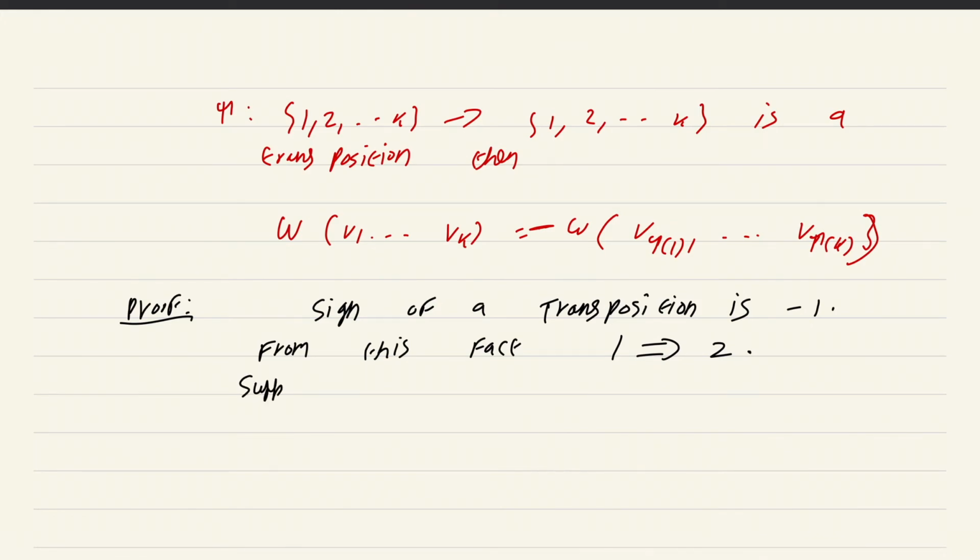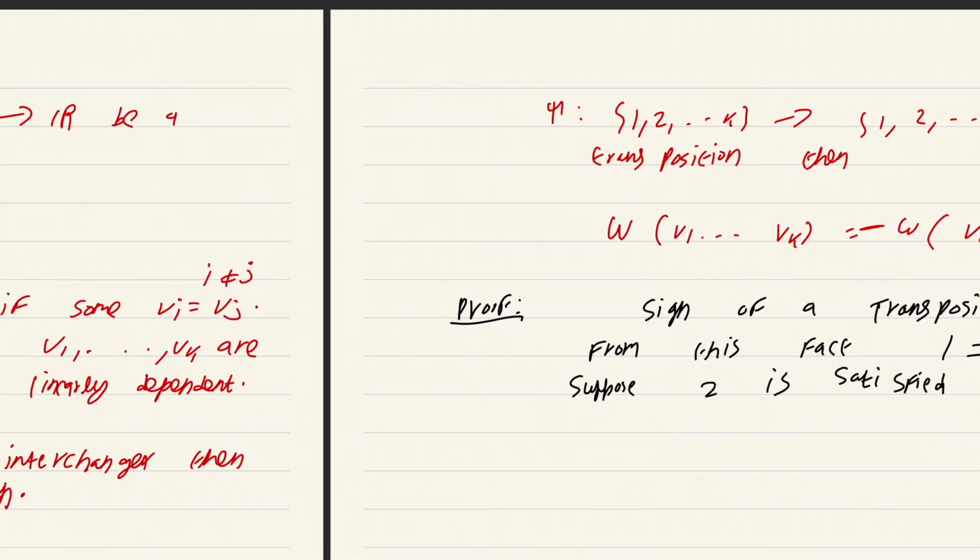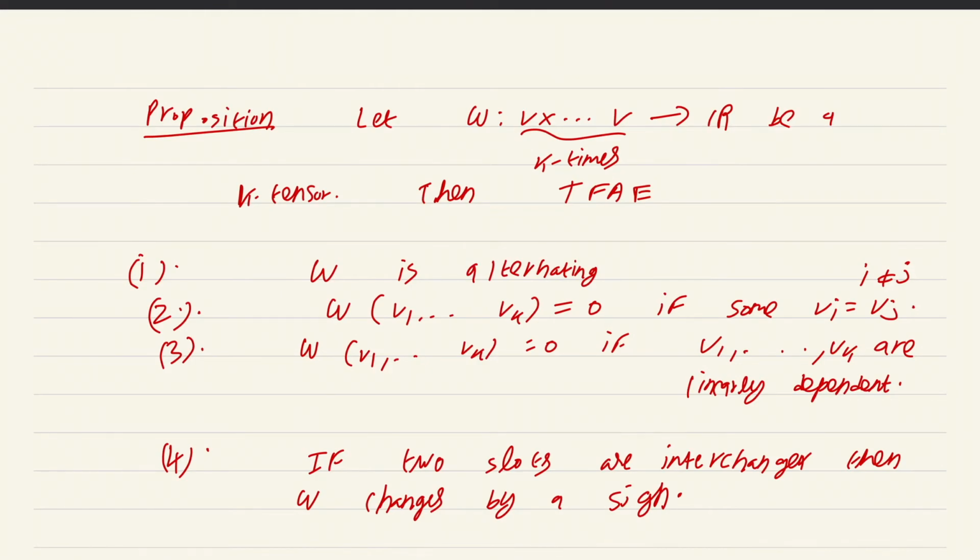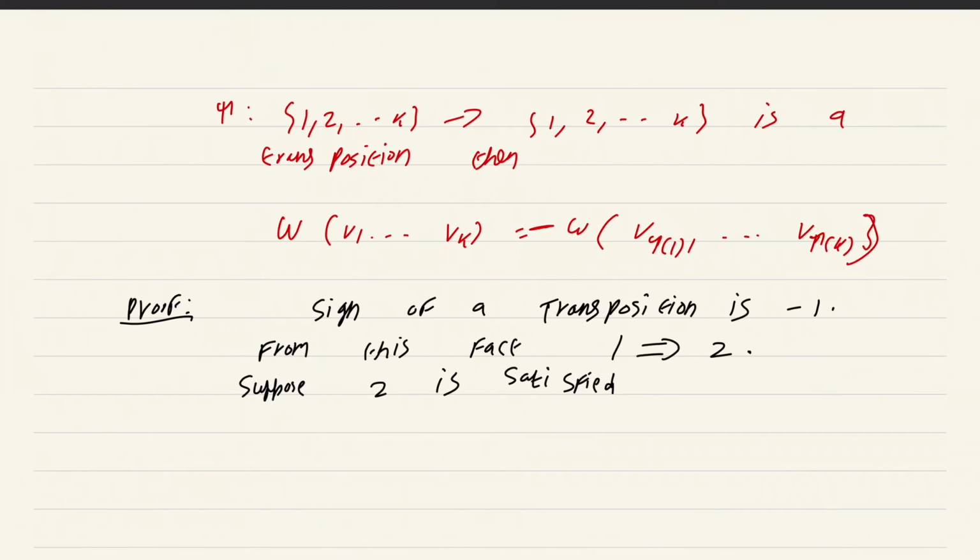So let's recall, 2 says that omega of v1 to vk is 0 if some vi equals vj, i not equal to j. Okay, now let v1 to vk be linearly dependent.